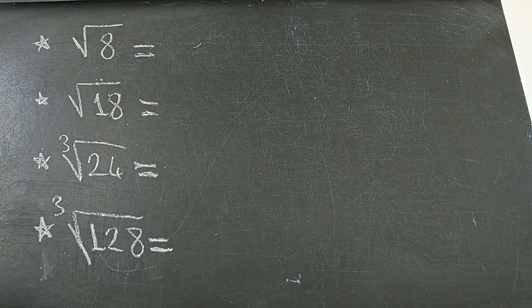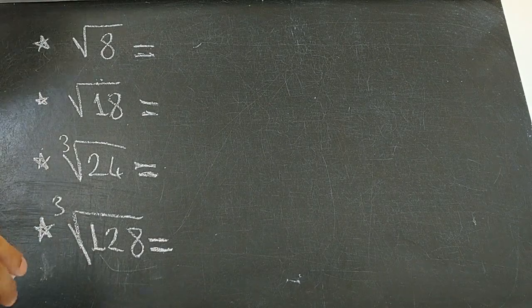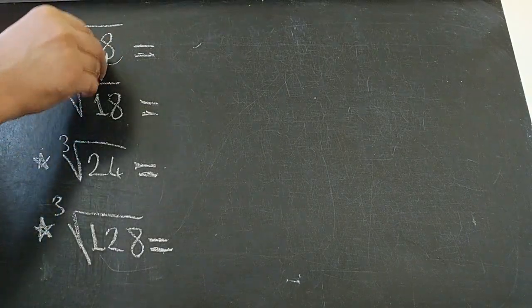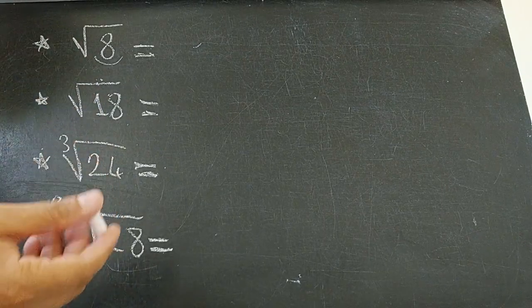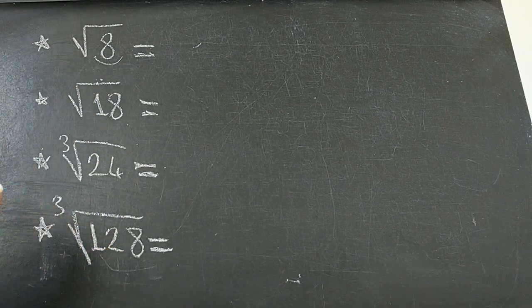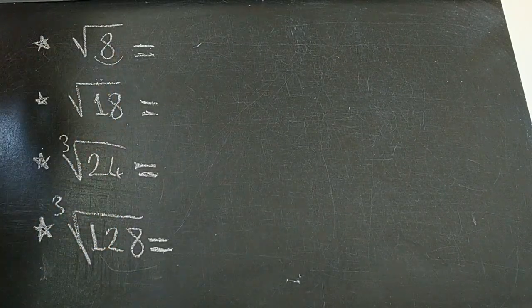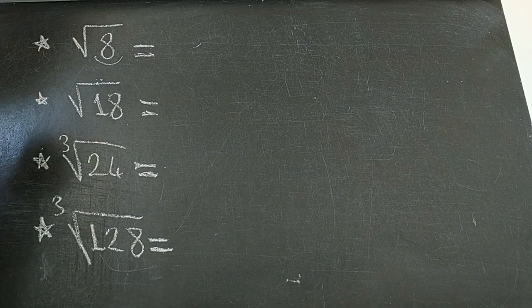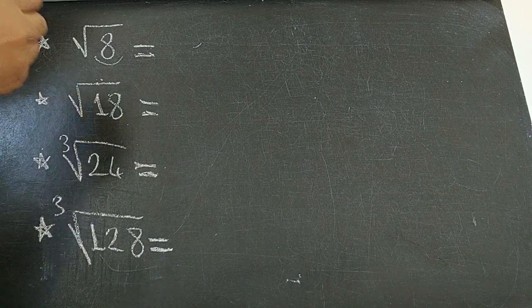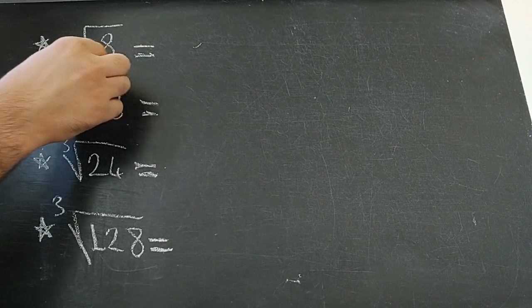Alright, now sometimes you are going to have a question which you cannot take out of the square root or cube root. So what do you do? For example, for the first question, square root of 8, you will think about factors of 8.